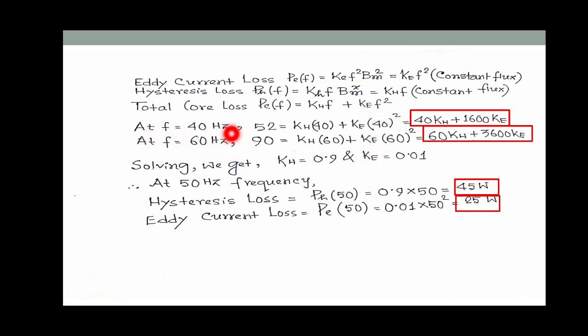So at a frequency of 40 Hz this can be written, and also from 60 Hz this we can derive. So we are getting two linear equations with two unknown variables. From this we can easily get, after solving these two equations, the values of kh and ke, and putting this for 50 Hz frequency we can easily derive the hysteresis and eddy current losses for this problem. This is basically a very easy problem.